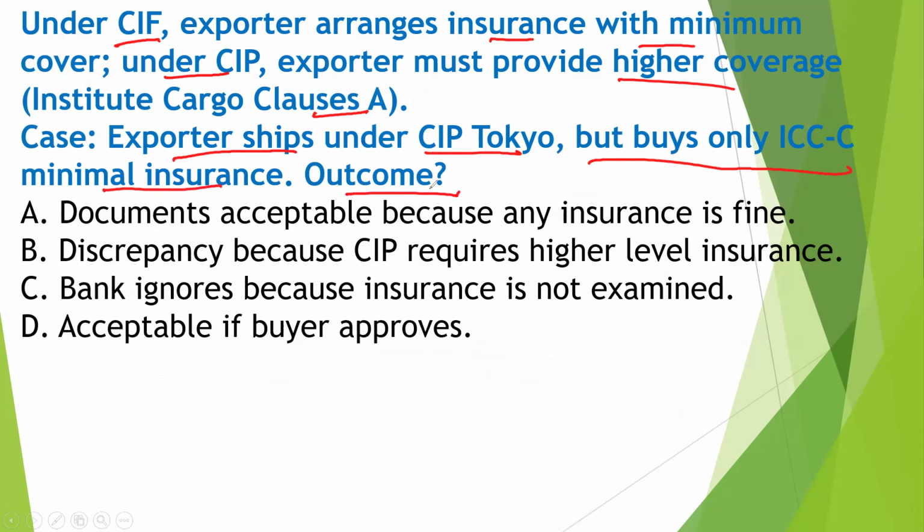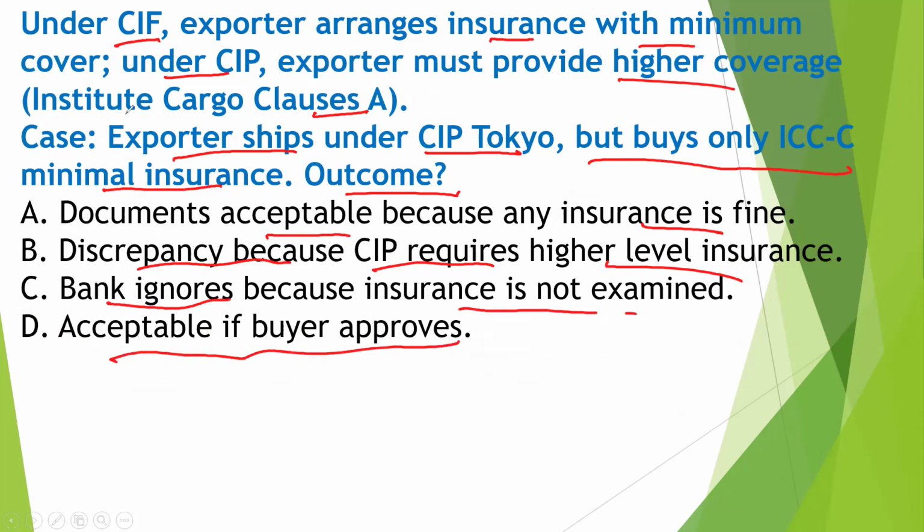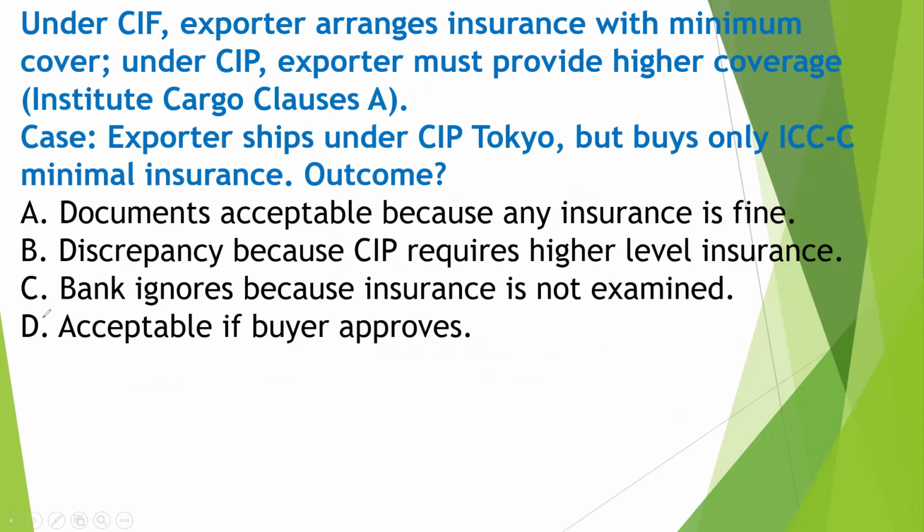What will be the outcome? A: Document acceptable because any insurance is fine. B: Discrepancy because CIP requires a higher level of insurance. C: Bank ignores because insurance is not examined. D: Acceptable if buyer approves. So you have to tell what will happen in this case, because he has bought a lower level of insurance. Let's see the right answer.